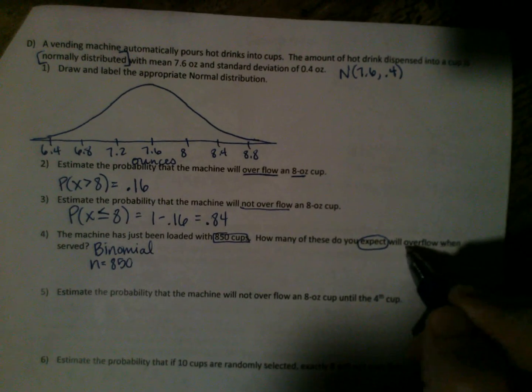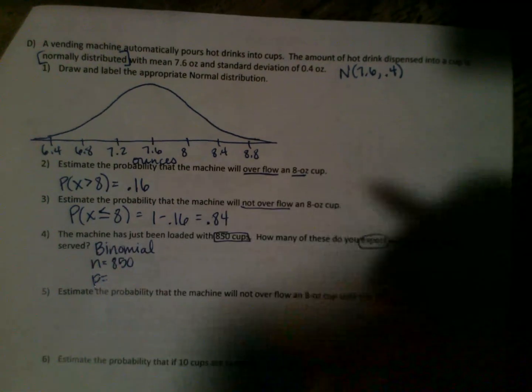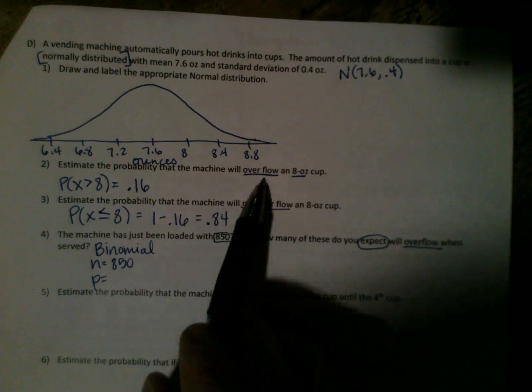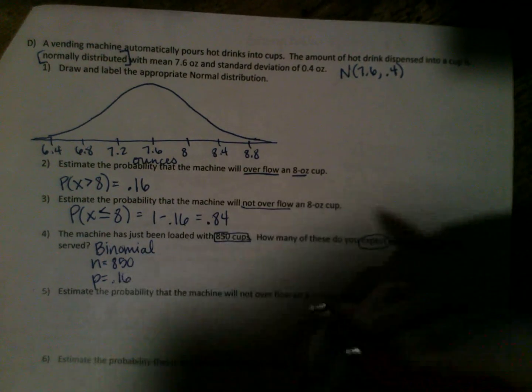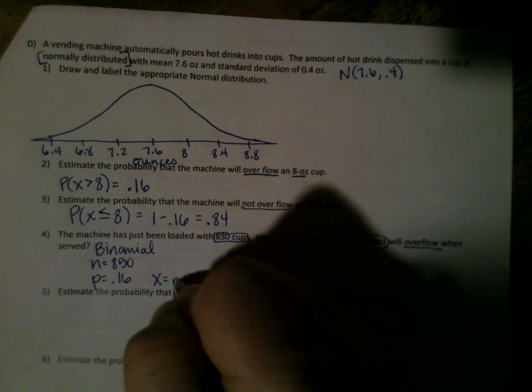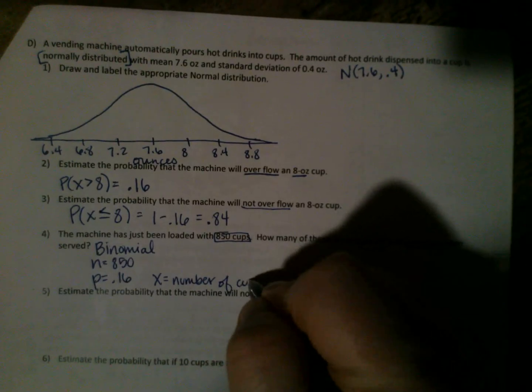And we are looking for overflowing as our success. So our probability we just found using the empirical rule of overflowing is 0.16. Our X would be the number of cups that overflow.